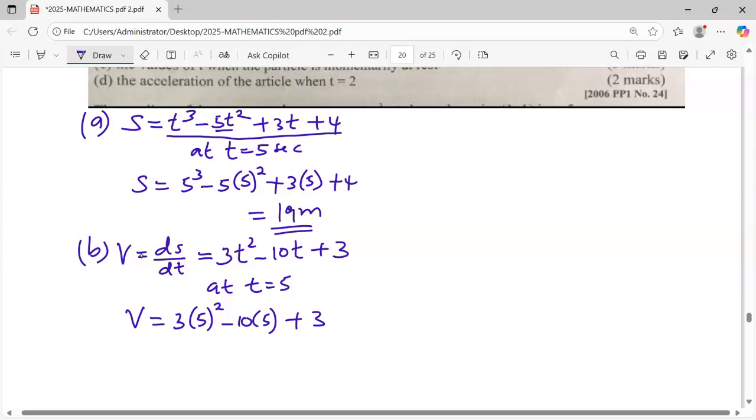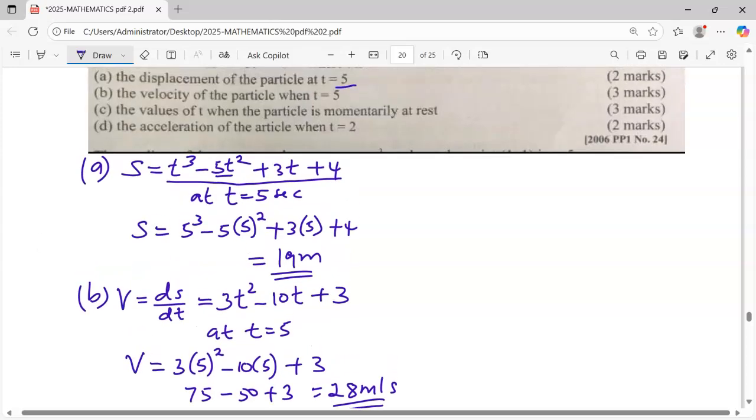Remember, 5 squared is 25 times 3, which gives us 75, minus 10 times 5 is 50, plus 3, and this is going to give us 75 plus 3, 78. 78 minus 50, you get 28 meters per second as the velocity of the particle at exactly t equals 5 seconds.